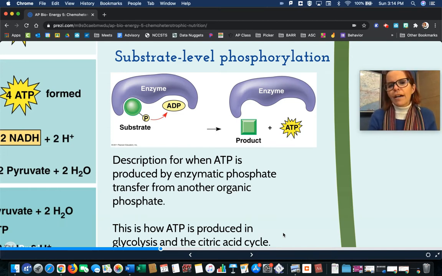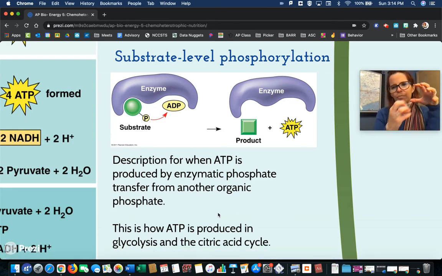So oxidative phosphorylation, you're going to learn about, has to do with the electron transport chain. That's not this. This is directly involving an enzyme. Remember that the substrate for an enzyme is the molecule that it fits with. That's the substrate. This is the enzyme. My claw is the enzyme, and my fist, your fist, is the substrate.